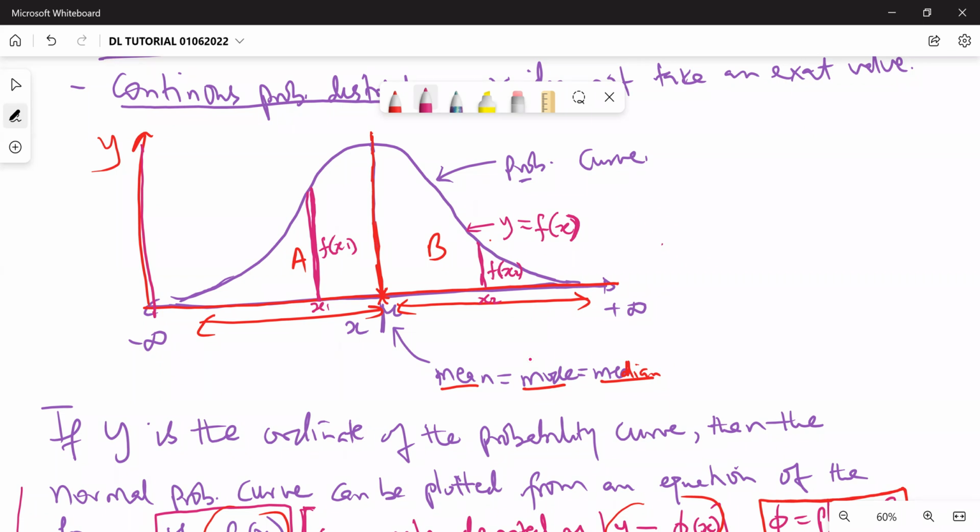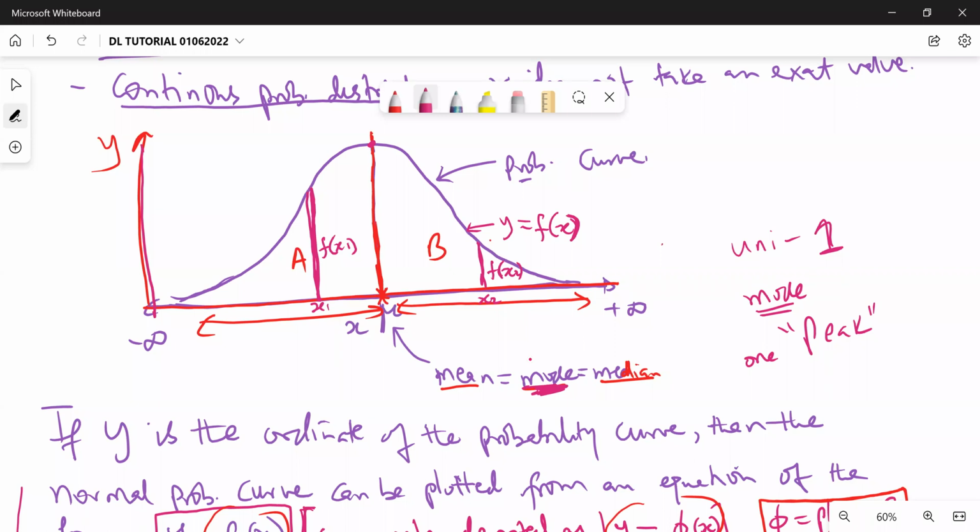It is also unimodal, meaning uni, one, and then the word mode. So it has only one mode, meaning that the curve has only one peak. The highest point is only one. This is the point that corresponds to the mode.